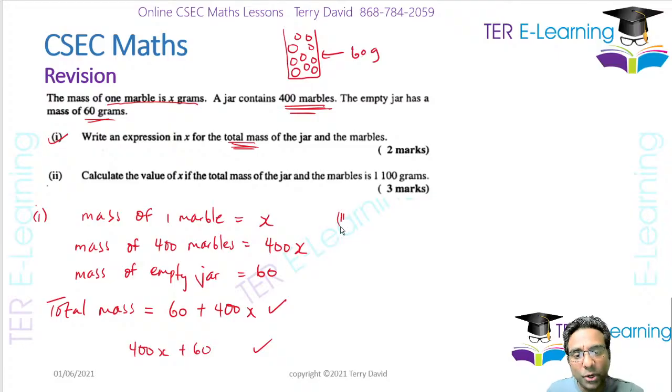Then in part 2, we want to calculate the value of x if the total mass of the jar and the marbles is 1100 grams.